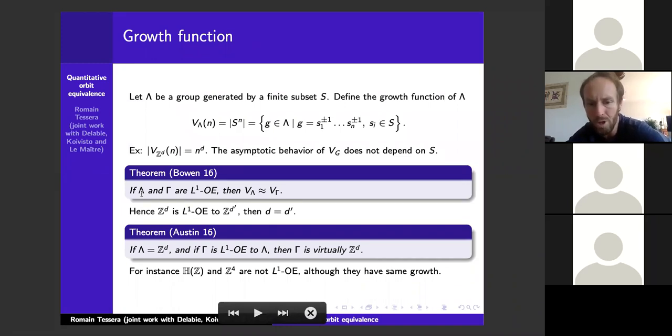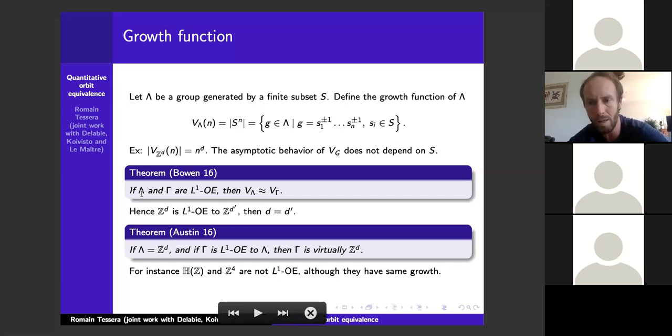If we talk about polynomially growing groups, like Z^d, for instance, or Heisenberg, or more generally polynomially growing groups which are nilpotent, then there is a result like that which I didn't state, due to Delabie and myself, where we prove that if you have two groups which have polynomial growth with the same exponent, like n to the 4, n to the 5, or n to the 6, or whatever, then they are L^p orbit equivalent for any p less than 1. So that generalizes what we have for Heisenberg and Z^4.